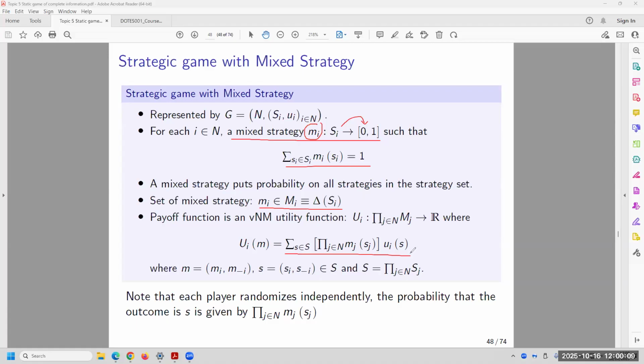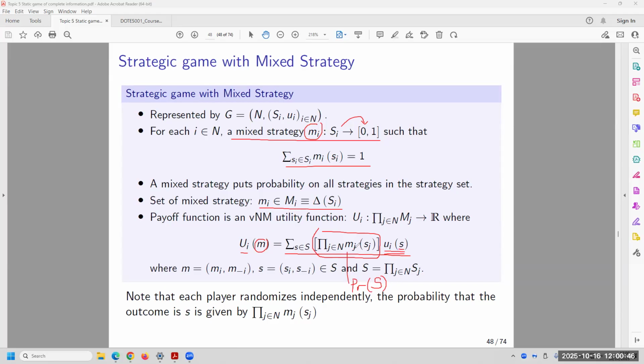So that's why the utility for a particular strategy depends on the product of the probability that particular strategy comes out times the utility of that. So this definition is: you choose S, everyone chooses S, this is the payoff, and this is the probability you get S. Why this product?